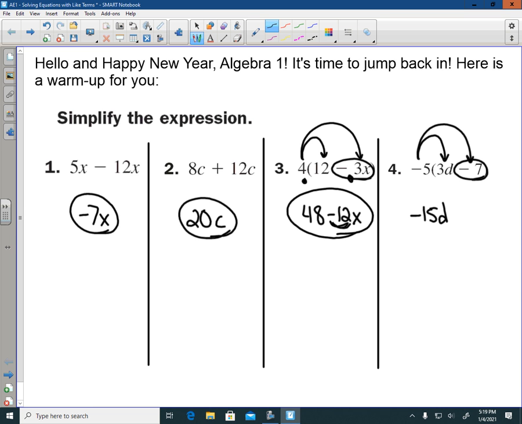Negative times a negative is positive, and 5 times 7 is 35. Now, can we combine like terms here? No, we can't, because the 15 has a d with it, and the 35 doesn't have any letters at all, and so we are done. And that is kind of what we did before break, working with simplifying expressions by combining like terms or using the distributive property.